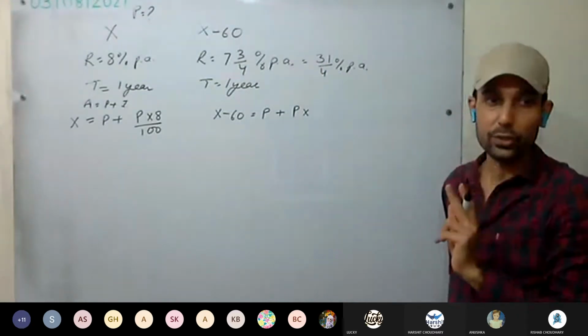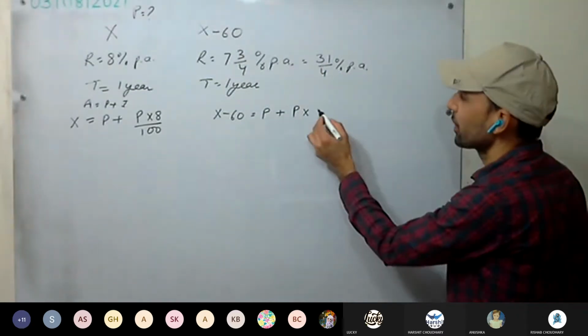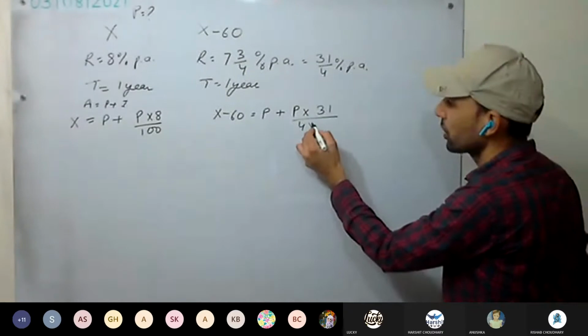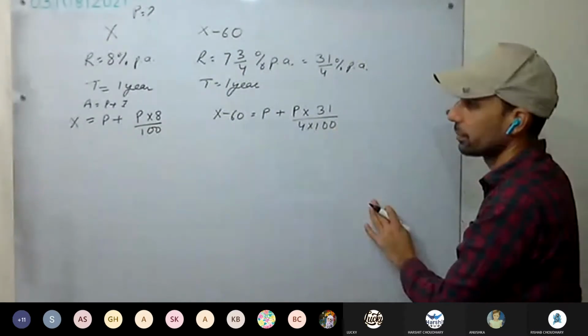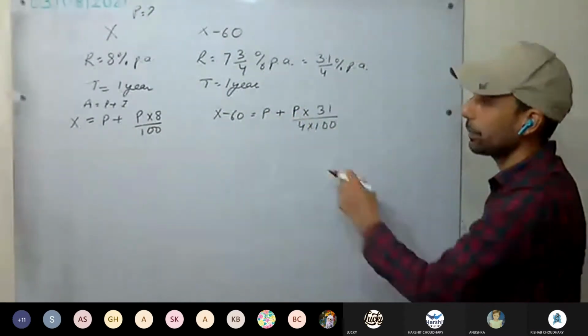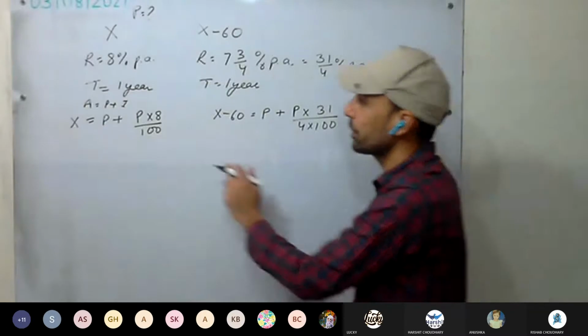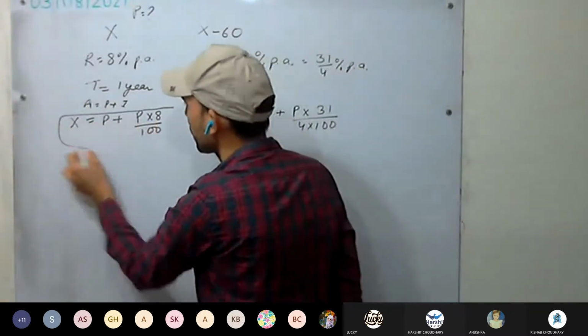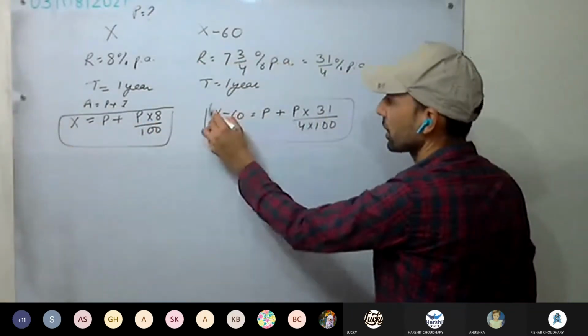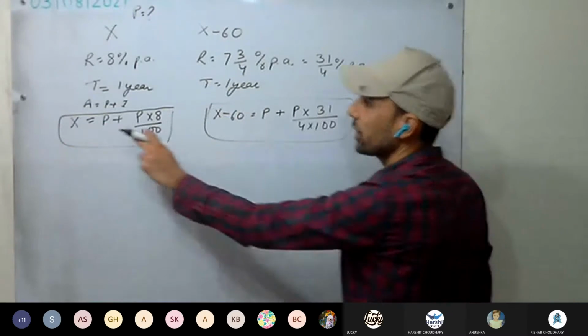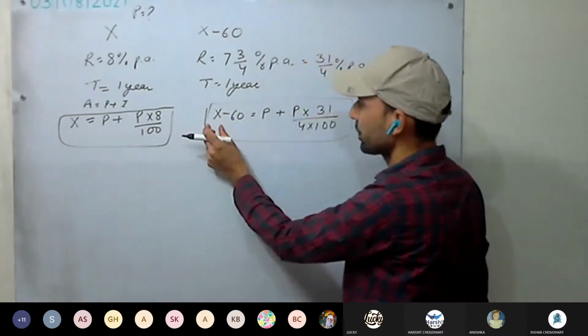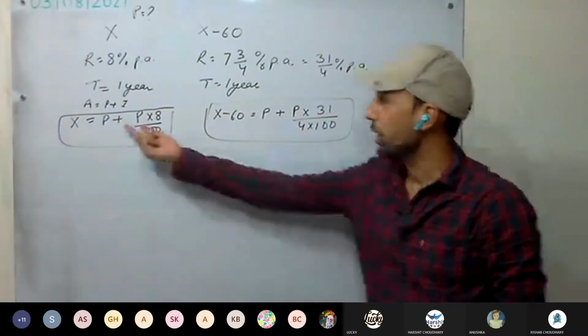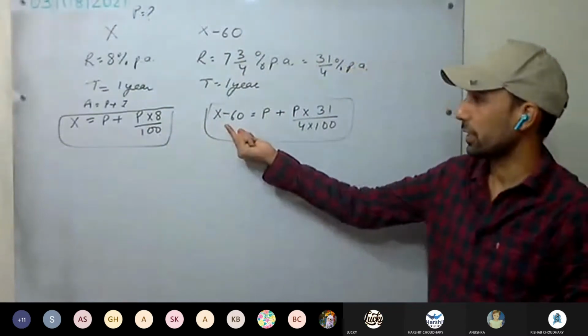Two ways we are going to do it, shortcut as well is there. So P plus P into 31 by 4 into 100. Now if we subtract them, what will happen? This is the first equation, this is the second equation. Either you calculate x from here and put it here, that will be easier, I think.